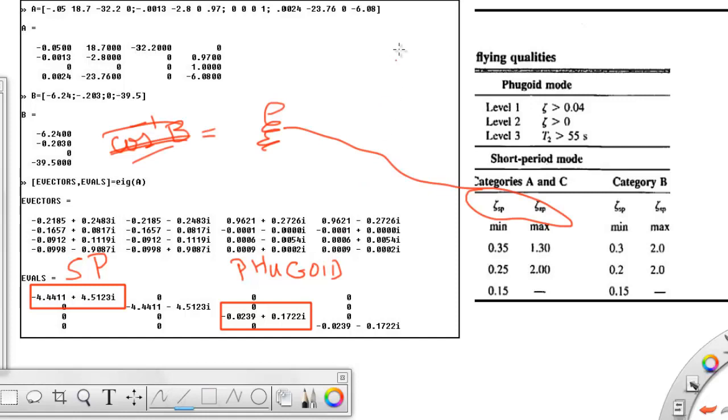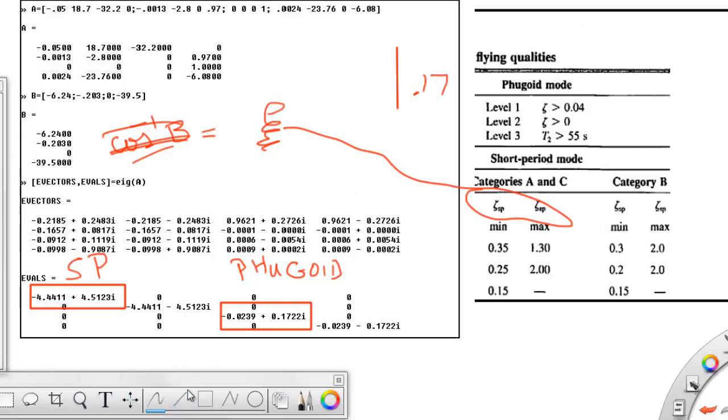Let's look at the phugoid. The imaginary part of the phugoid is going to be 0.17, and then we have a negative real part that looks like minus 0.02. The square root of 0.02 squared plus 0.17 squared will be omega n.